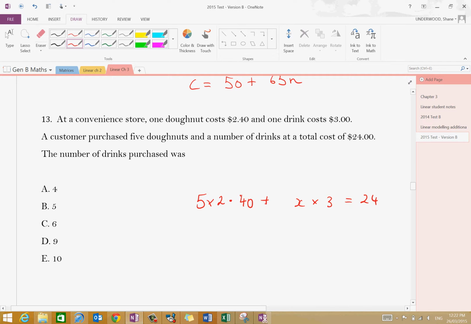That's 12 plus 3x is equal to 24. I'm not going to do this by CAS, but you could solve that with your CAS if you like. Therefore, we now have to subtract 12 from both sides, which means we've got 3x is equal to 12. Therefore, dividing both sides by 3, x is equal to 4. And that was fairly well done as well.